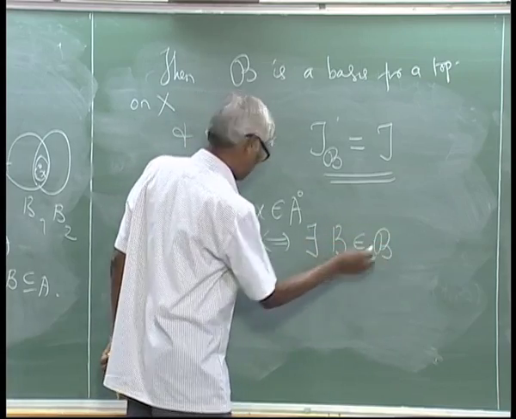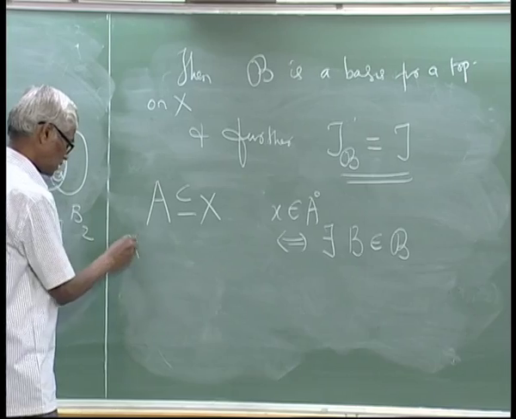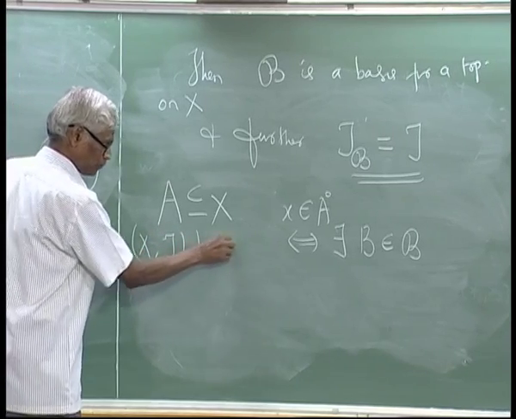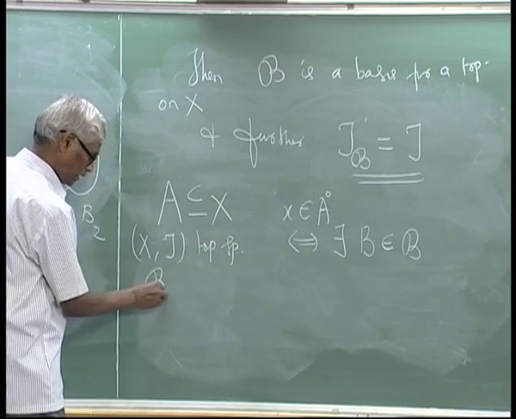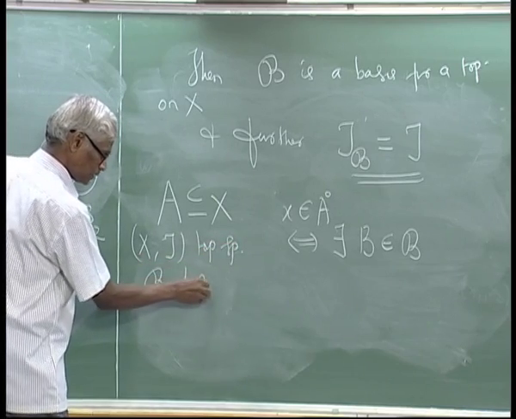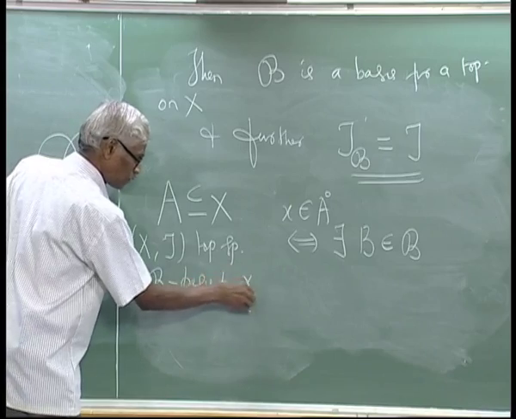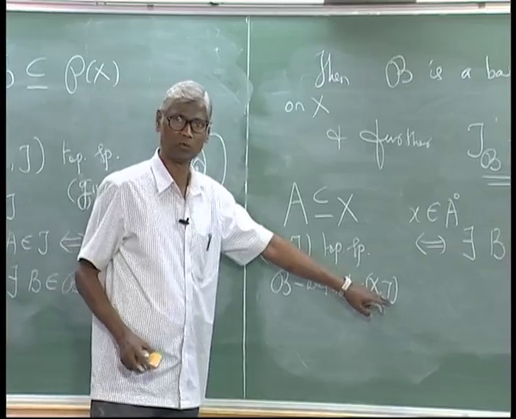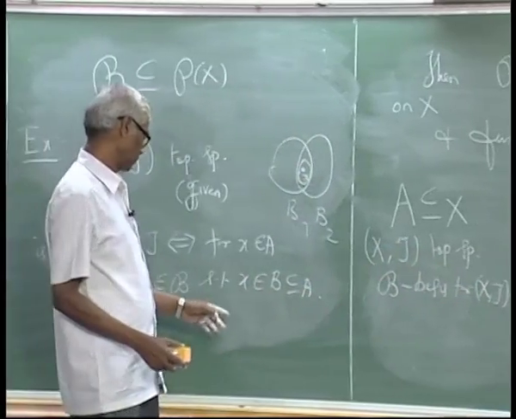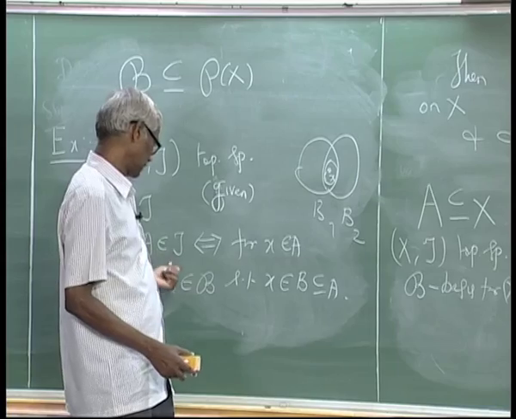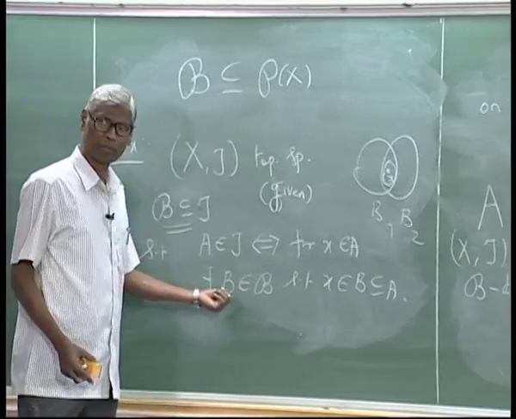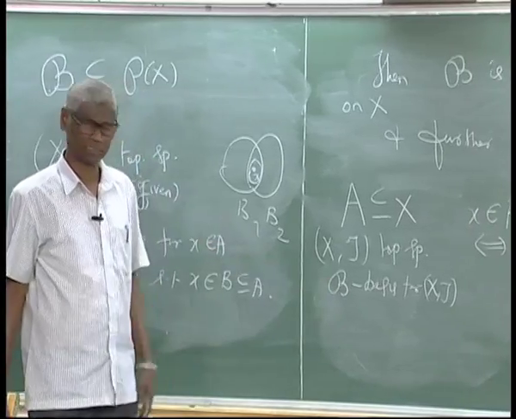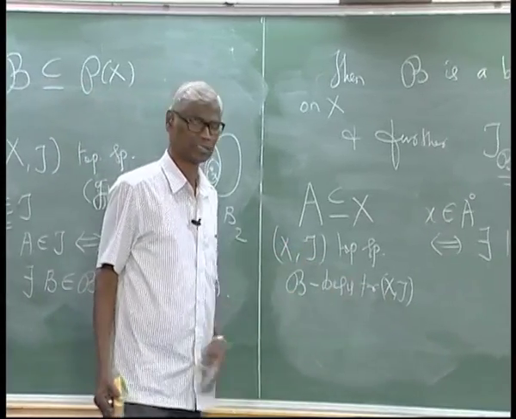So, let us say that now we know that X, tau is a topological space and script beta is a basis for X, tau. Now we can say either from script beta we got tau, or we know tau and we have a subcollection satisfying these properties. In either case, we call that subcollection a basis for X, tau.